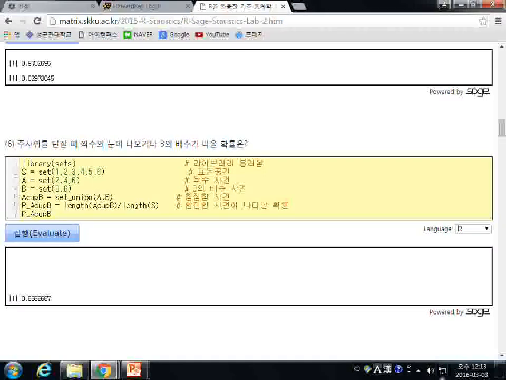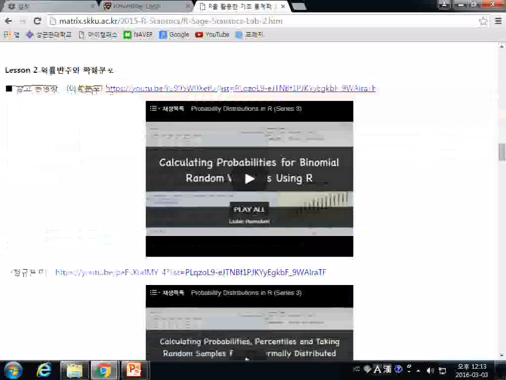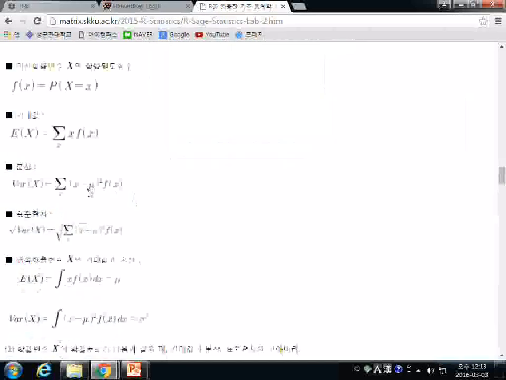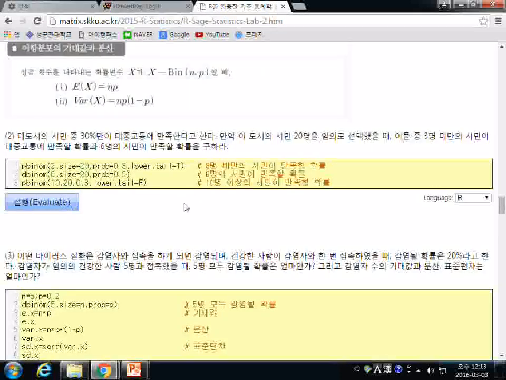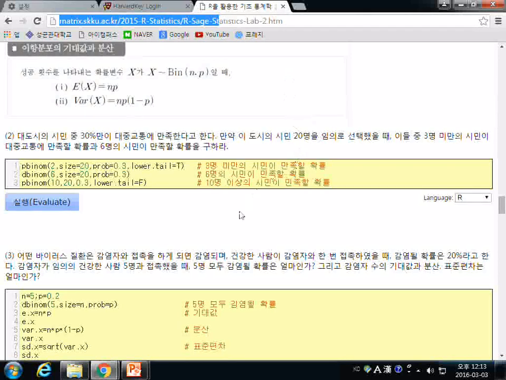So I will use the Sage Math server, which utilizes your knowledge of Python and R. After that, we will use that knowledge and those tools to attack problems in big data. This laboratory was made in Korean, but you will easily find many books on statistics with R, so you can also find the code without much difficulty.